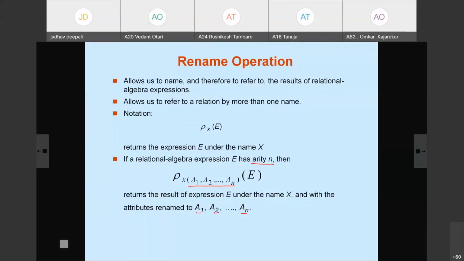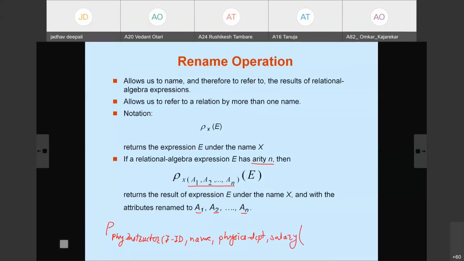So I write the same query again: rho physics instructors, the name I am going to give, and for the 4 attributes in the resulting relation I want to give names ID, name, physics department and salary.